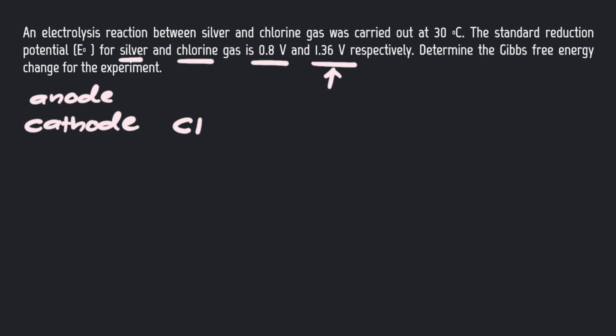So at the cathode will be chlorine plus 2 electrons, it will produce chloride ions. Because we have 2 here, it becomes 2 Cl minus. Alright, silver naturally will go for anode, whereby the anode will undergo oxidation.